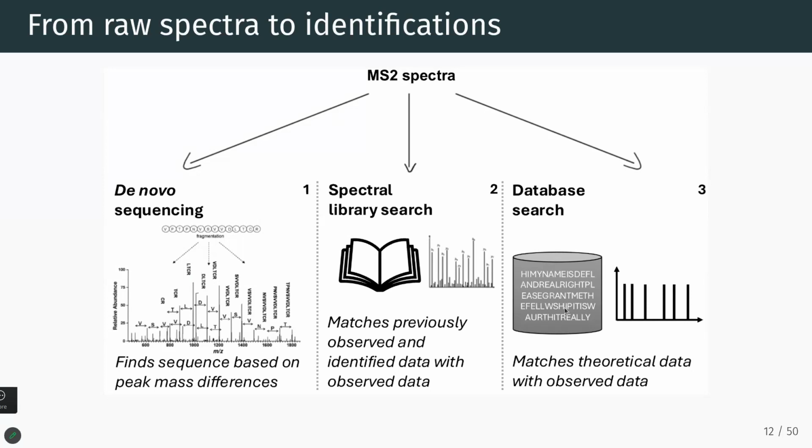Then there's also spectral library searches, where we match previously already identified data with your observed novel data. And then the most used method might be the database searches, for which we match theoretical data with your observed data. The theoretical data being all the peptides your sample could contain.